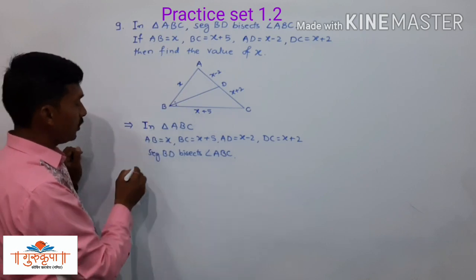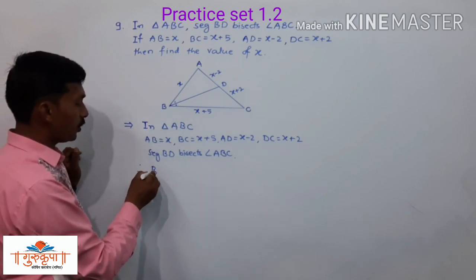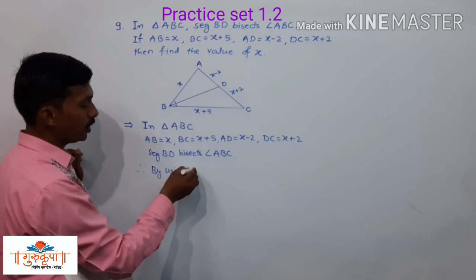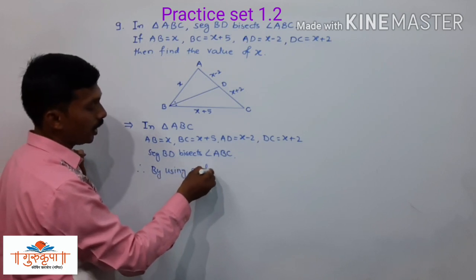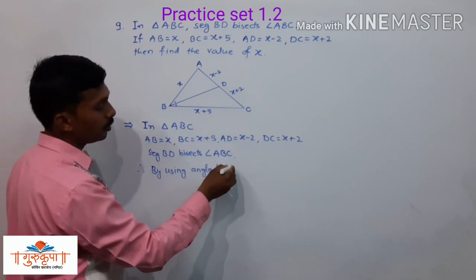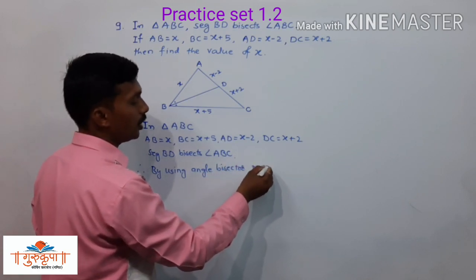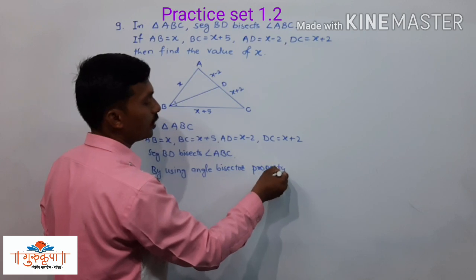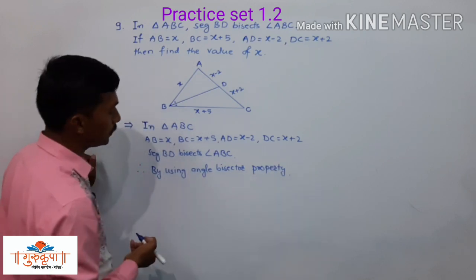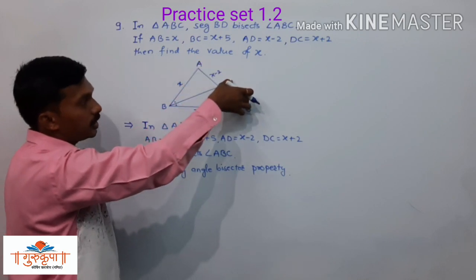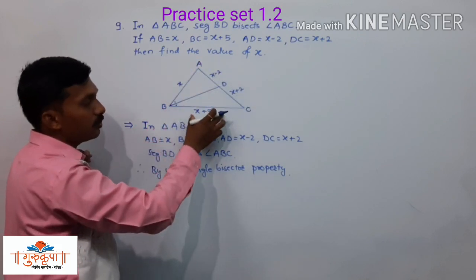So here we can write by using angle bisector property, that is AD upon CD is equal to AB upon BC.